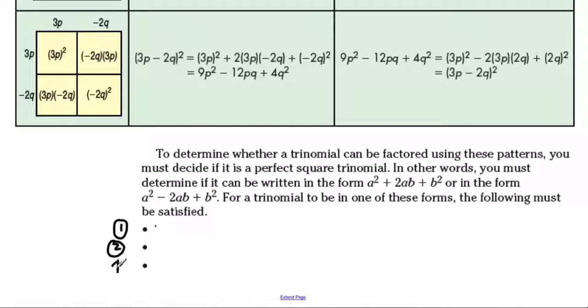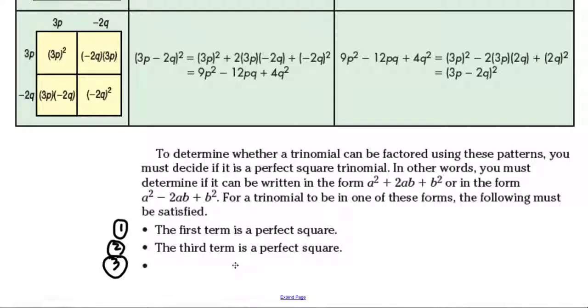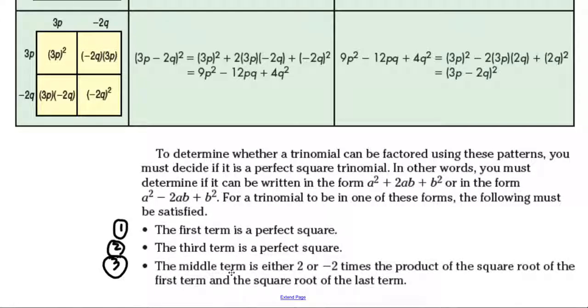First, is the first term a perfect square? Second, is the third term a perfect square? Third, is the middle term either 2 or negative 2 times the product of the square root of the first term and the square root of the last term? Let's see how these three questions come into play.